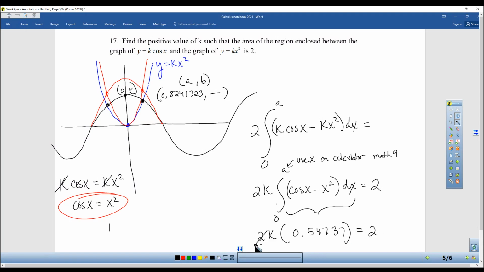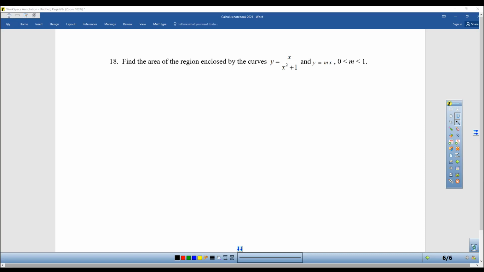If you want, you can divide both sides by 2, or you can multiply 2 times the 0.54737 first. But at any rate, you will get k is equal to 1.8269, which, of course, you only have to do 3 decimal places, so 1.827. There you go.